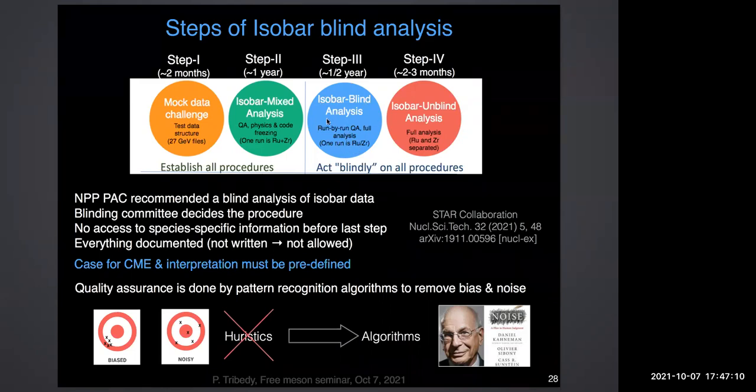The purpose of this step is to use the previously created code and do quality assurance of the data, rejecting runs or data that are bad. Once that is done, you go to the final step where you separate ruthenium and zirconium, do the full analysis, and directly publish the result.